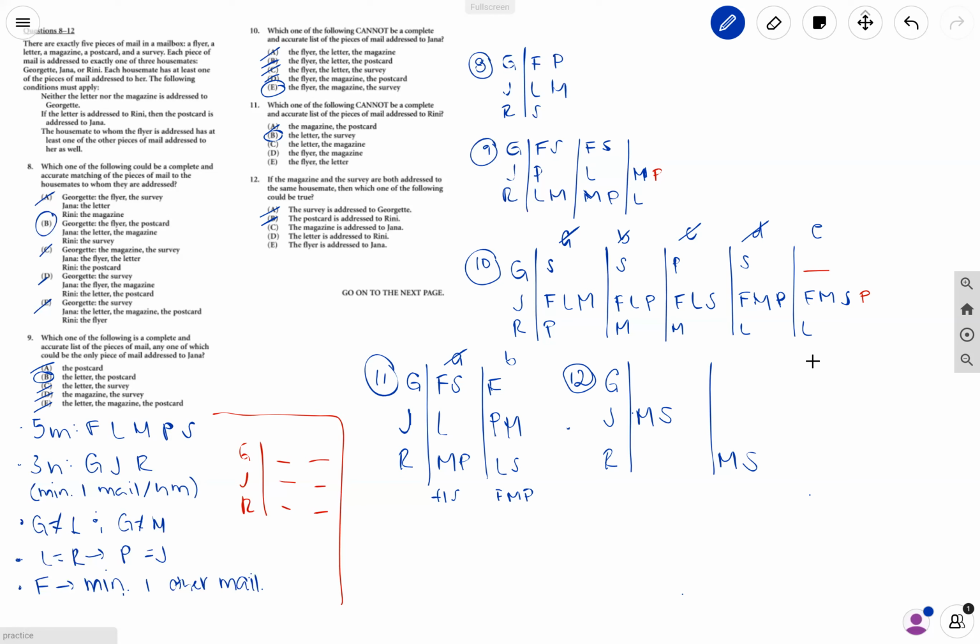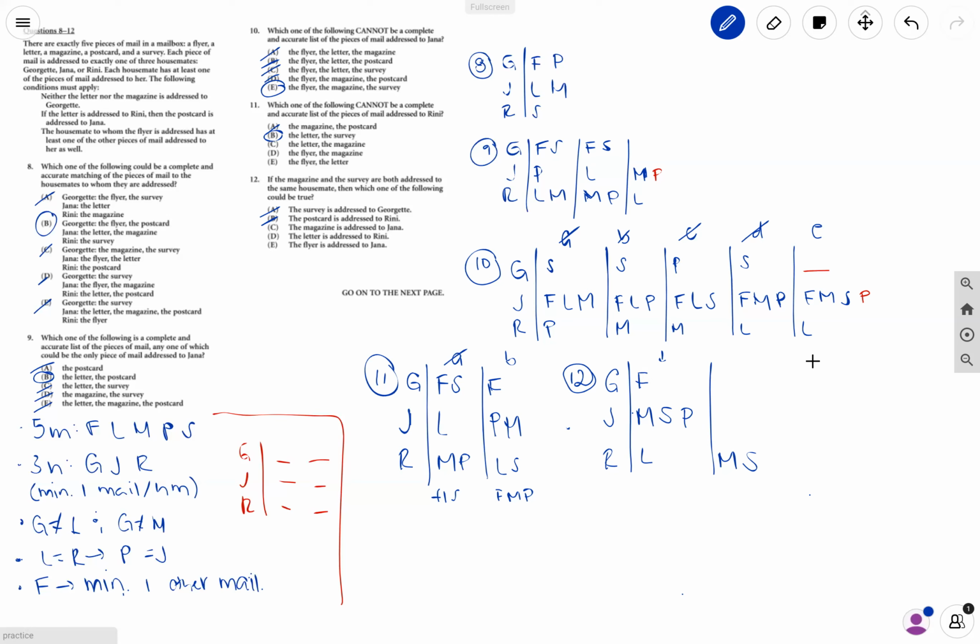Okay, then I go to C. The magazine is addressed to Jana. So I go off of this diagram over here. And if the magazine is there, then where would L go? Well, L can't go with G, so L would have to go over here. And if L goes there, then I'd have to put P over here and then F over here.